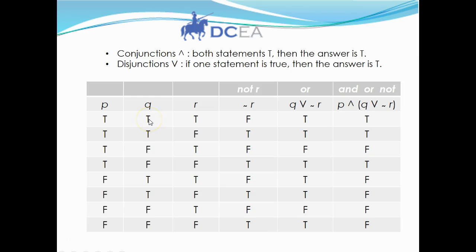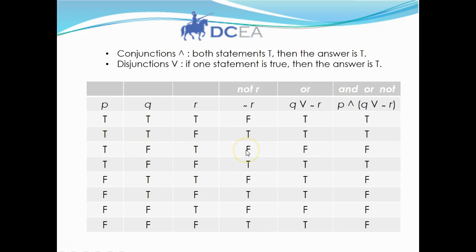And we say true, and we say true, false, because we're doing Q or not R. So true, false, and with true and false, there is a true statement, so our answer will be true. True, true, our answer will be true.